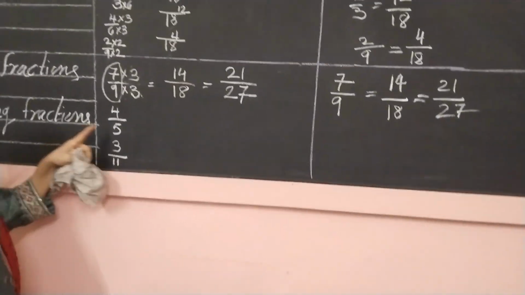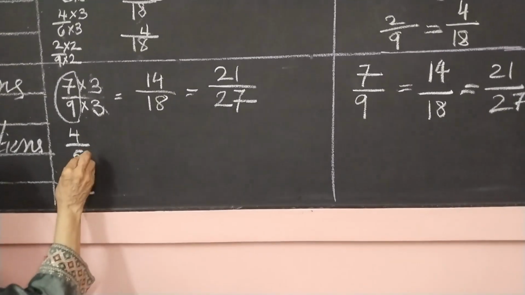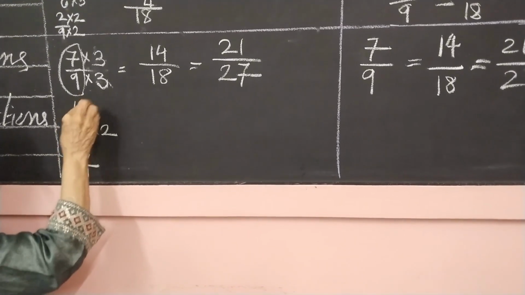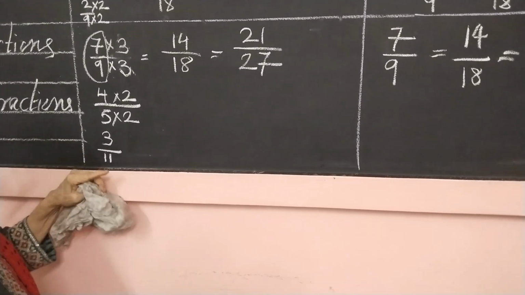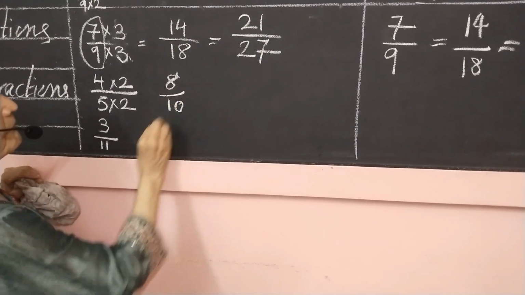Now we come to the next one. Here also the same procedure we have to follow. Suppose we multiply the denominator by 2, then we will have to multiply the numerator also by 2. So the first equivalent fraction will be 8 upon 10.